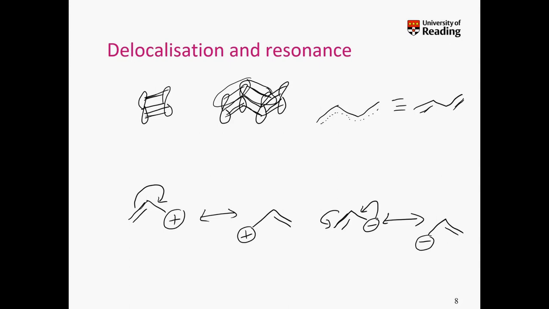So delocalization is the fact that the electrons can move within those p orbitals and be spread across multiple atoms. We're going to see that much more when we start looking at the aromatic chemistry.